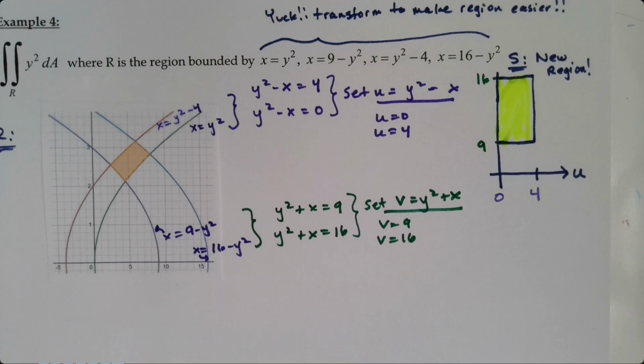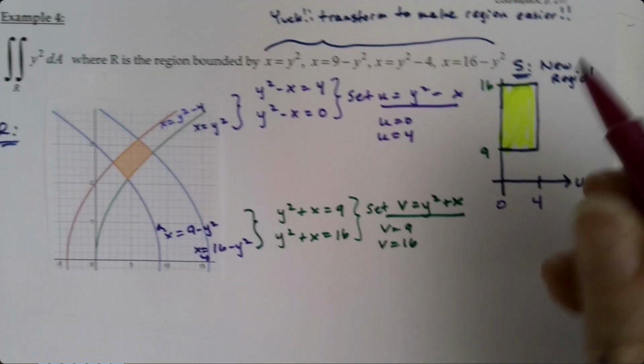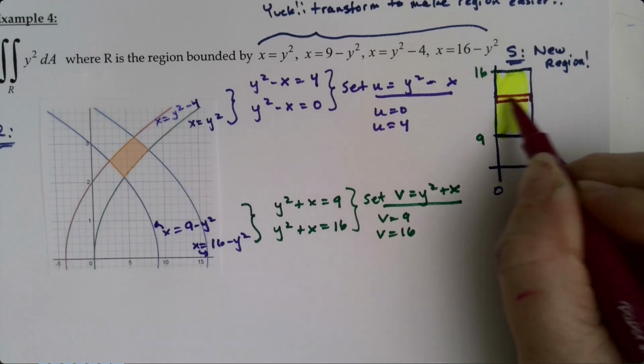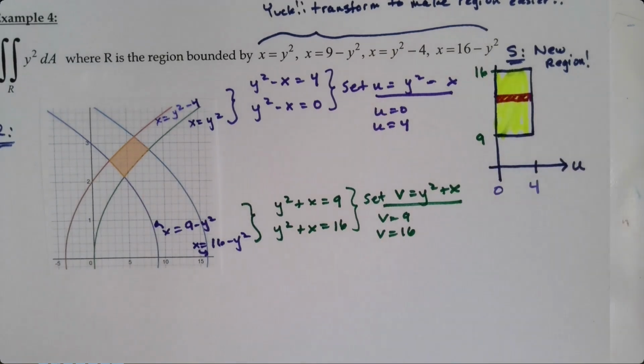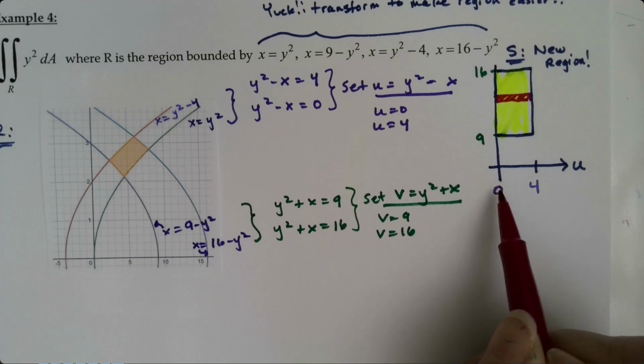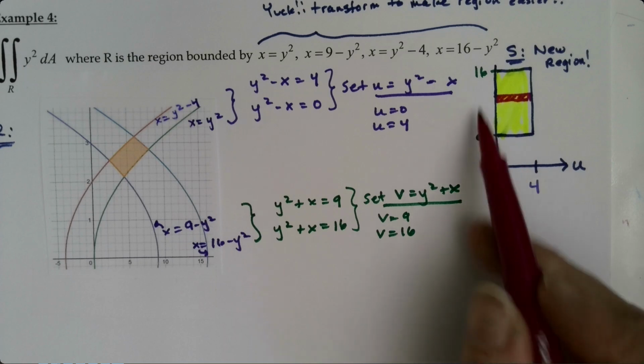So far, so good. So which way are we going to integrate? We're actually going to do du dv. We're going to go horizontal this one time. Not for any particular reason, but this 0 right here is mighty tempting. I'd rather integrate with the 0 first because that'll make something go away, right? As opposed to the 9 and 16, which are both numbers.